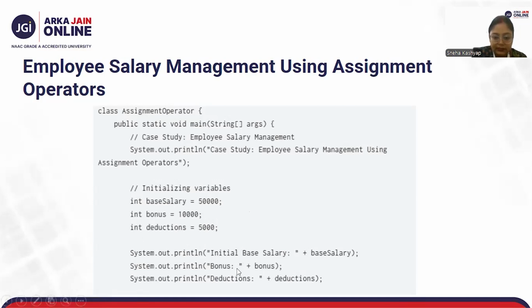What it will print is, this bonus will directly move here and it will read the value as 10,000. So it will give bonus equals 10,000. The last one is the deduction. Since the deduction variable stores the value 5,000, it will print deduction equals 5,000.